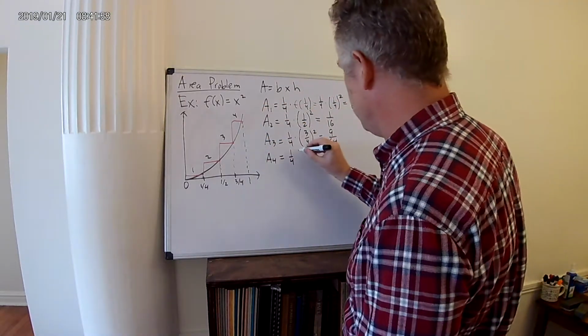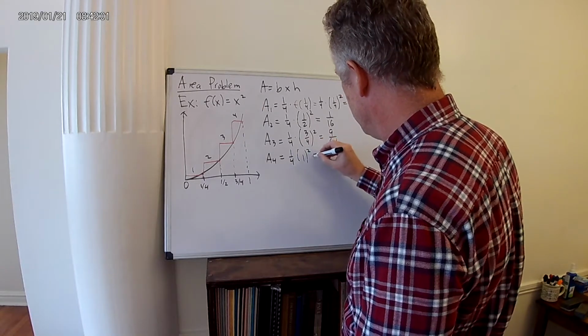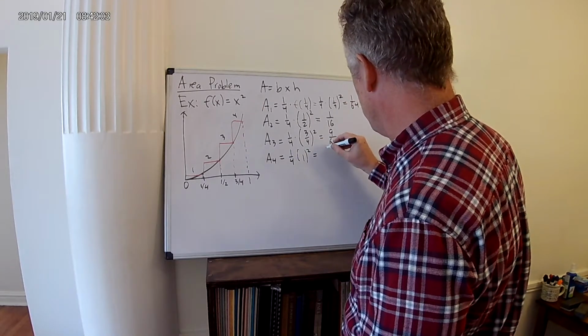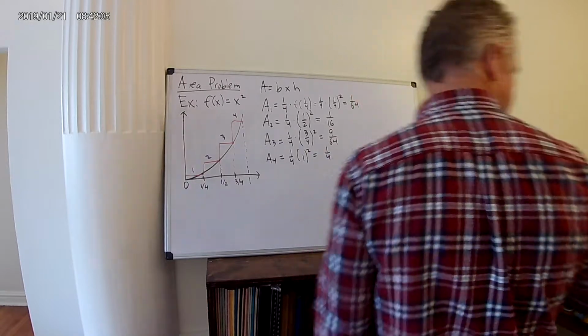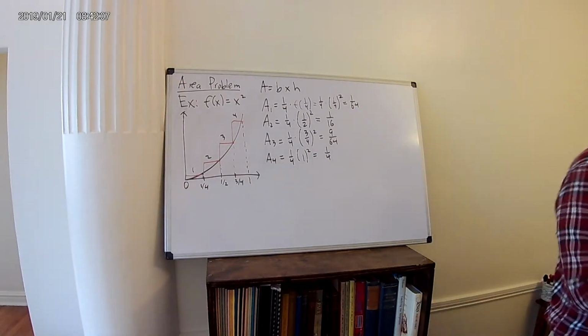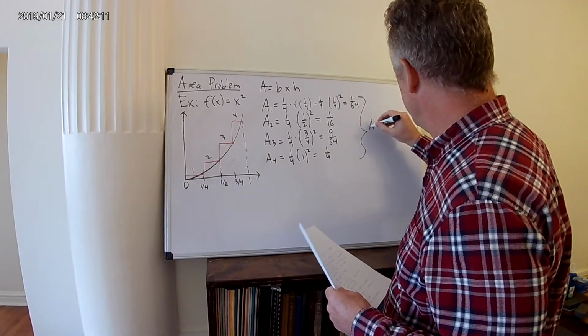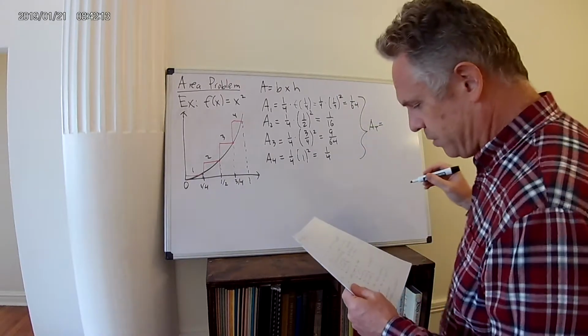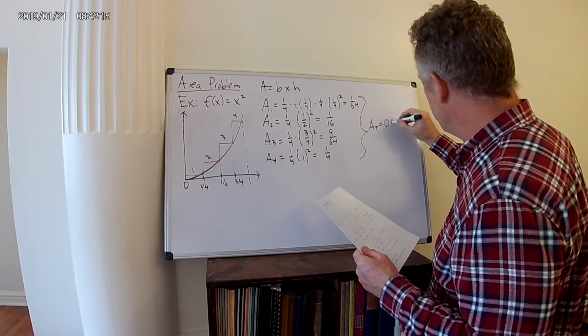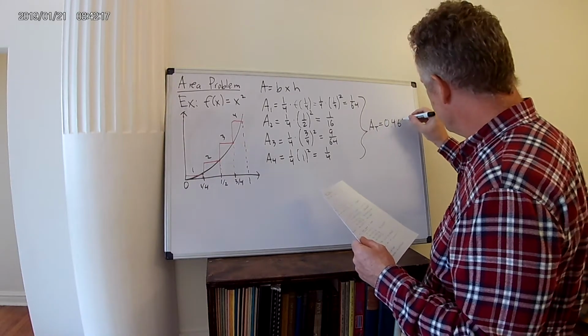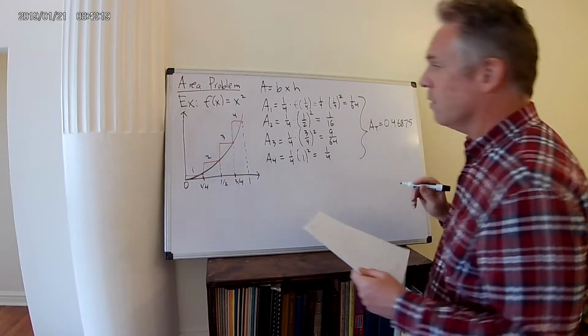So I get 1 squared, and this equals 1/4. And now if I add all these areas up, I'll let you verify this, the total area is 0.46875.